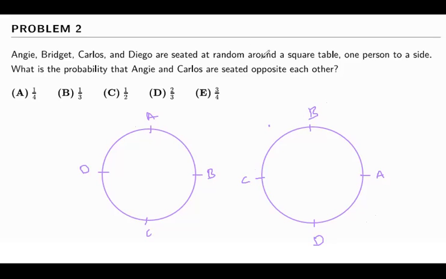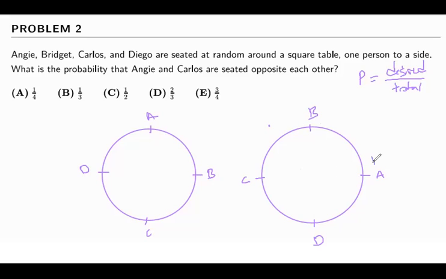So the probability that we are looking for is the desired outcome over total cases, right? But how many ways can we have A and C opposite? So we could have A, B, C, D. If I move this way, actually this is different, right?